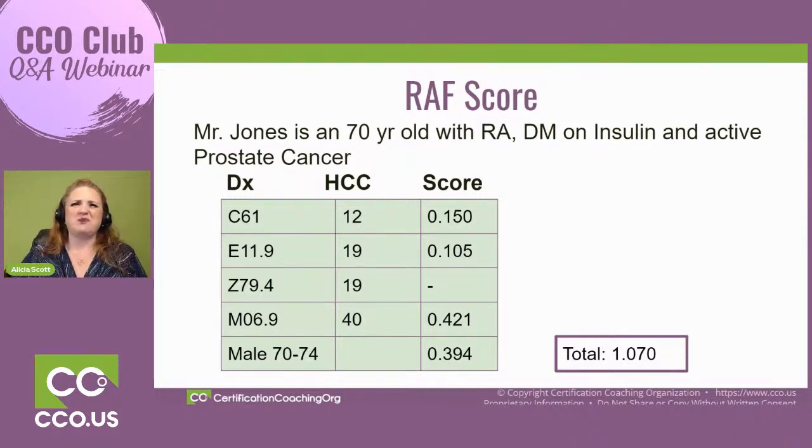Now you think, wait a minute, he's got cancer. How come that is actually a lower RAF score than M06.9, which is the rheumatoid arthritis? That's a 0.421. How come he's got cancer? Well, it's because it's prostate cancer. If you live long enough and you're a man, you're going to get prostate cancer.